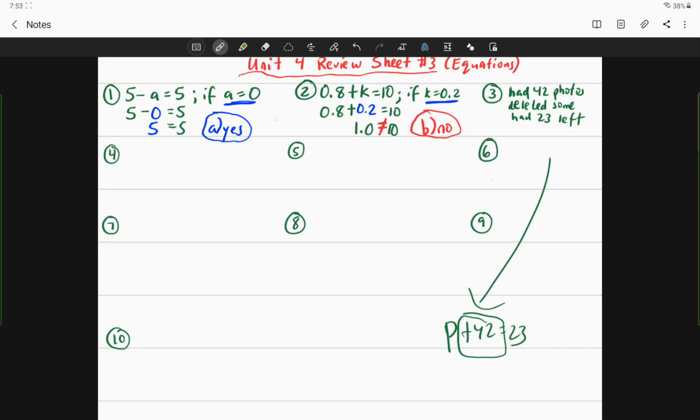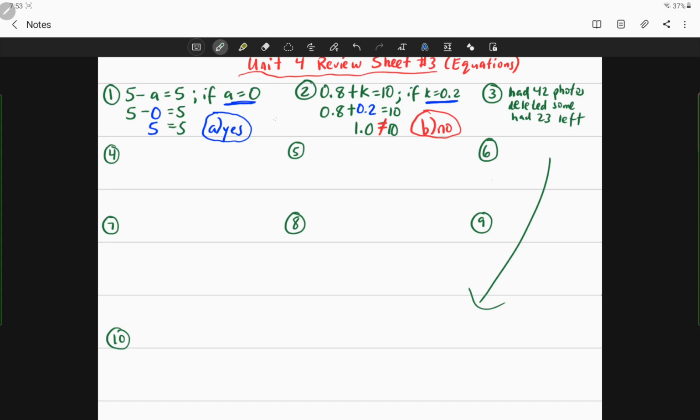So this one also cannot be the correct answer. Let's take a look at choice C. C says P minus 42 equals 23. But again, if I solve this one, adding 42 to both sides, it's going to tell me that she started with 65 photos, but she started with 42. So none of those work out.